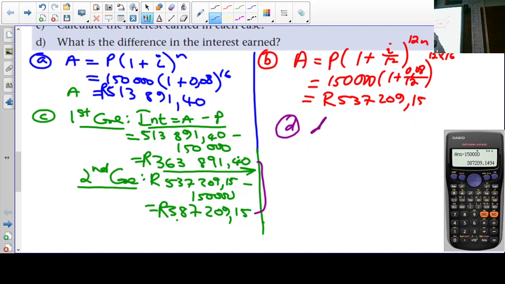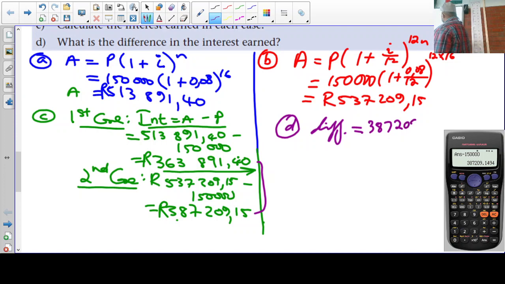The difference is, of course, the larger amount, so it's going to be 387,209 rand 15 minus 363,891.40.